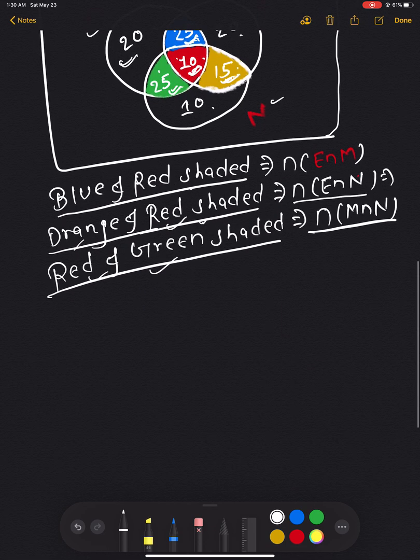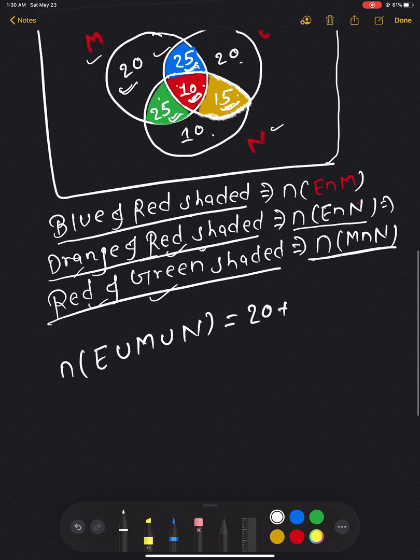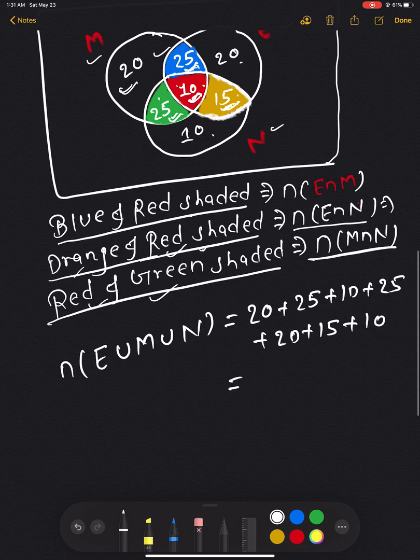That means n(E ∪ M ∪ N) is equal to 20 plus 25 plus 10 plus 25 plus 20 plus 15 plus 10. That will be 20 plus 25, how much? 45. 45 plus 10, 55. 55 plus 25, 80. 80 plus 20, 100. 100 plus 15, 115. 115 plus 10, 125.